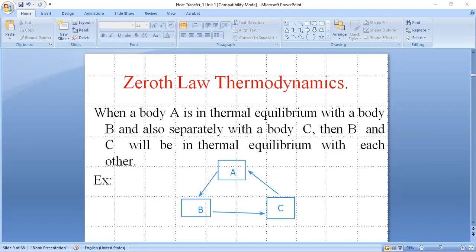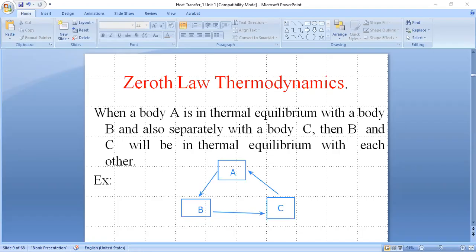Suppose, for example, you have a car and the temperature in your environment. Suppose I drive the car from the office. You have a car temperature of 35 degrees and a surrounding temperature of 30 degrees. Then the car temperature will be transferred to your surroundings or environment, and the same car moves from your house to your office.